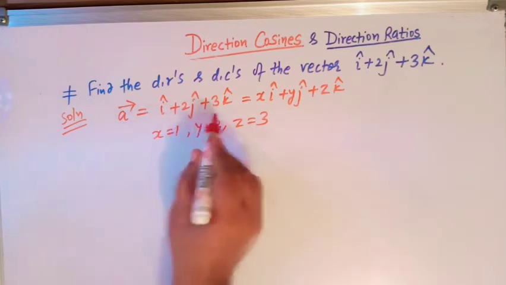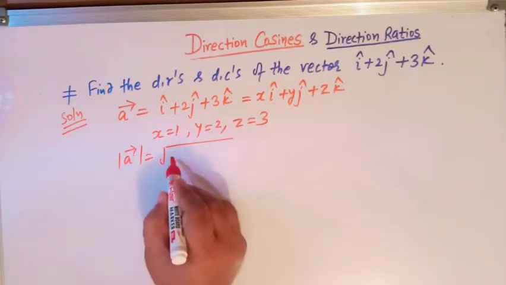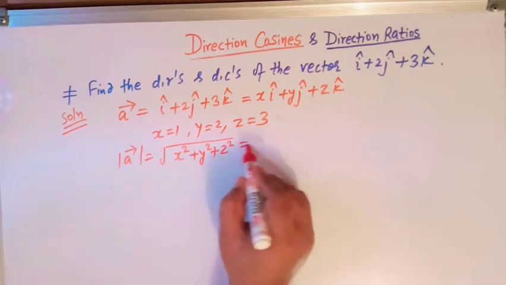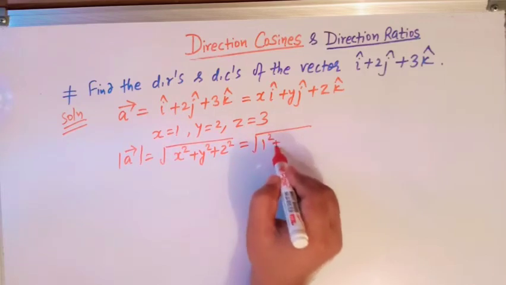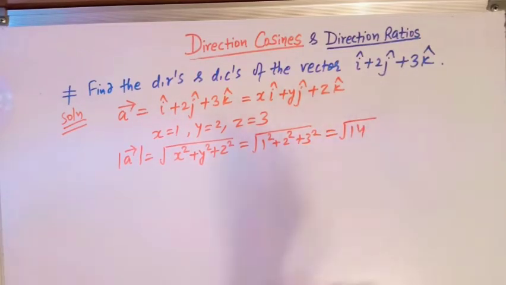Now the magnitude of this vector is square root of x square plus y square plus z square. So we have 1 square plus 2 square plus 3 square, and this is square root of 14.